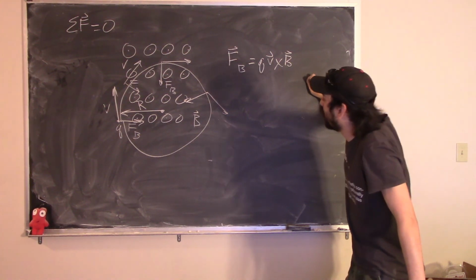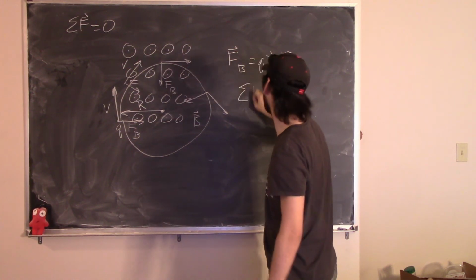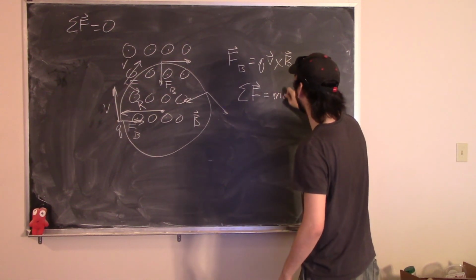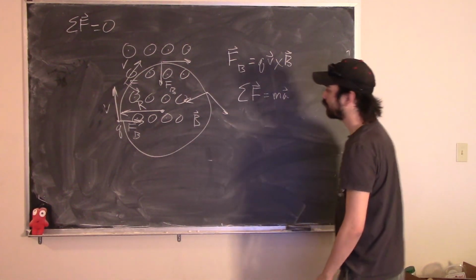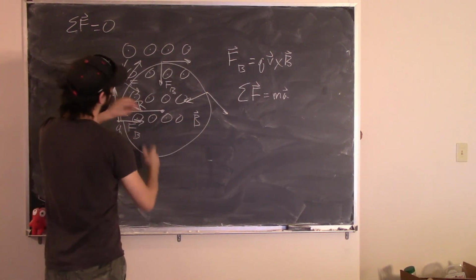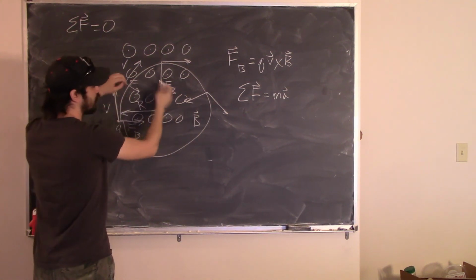And that's to say, when we have circular motion, what we can do is we can say that, in general, Newton's second law says the sum of the forces is equal to the mass times the acceleration. But this force is always going to be pointing into this circle, and it's going to be in the radial direction.